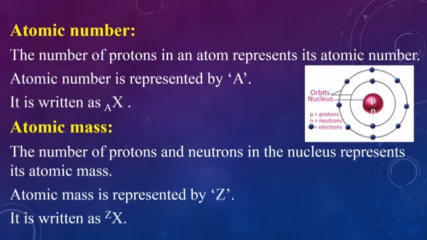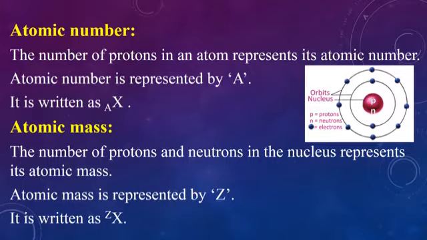So A represents the atomic number of an atom. It is basically the number of protons in the nucleus of an atom.